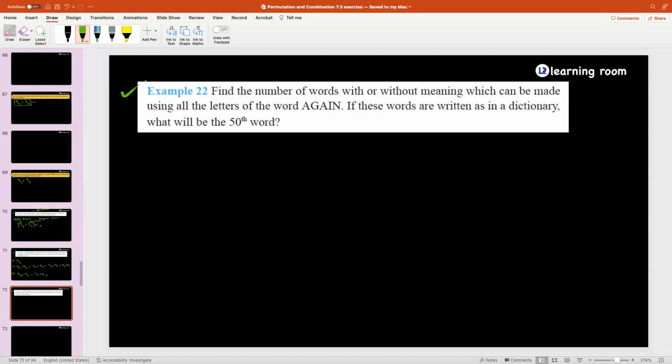Okay, find the number of words which can be made with the letters of the word again. So how many letters are there? 1, 2, 3, 4, 5. So it is going to be 5 factorial divided by, A is repeating itself 2 times, so 5 factorial divided by 2 factorial. That is the answer for the first part of the question.